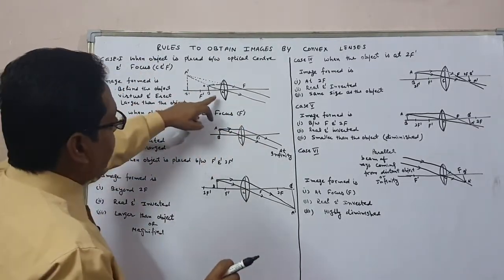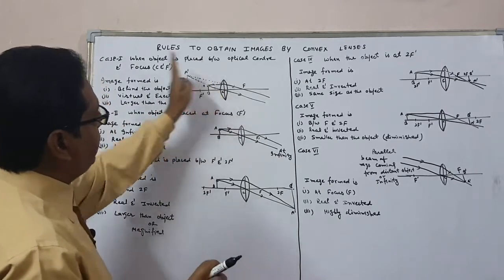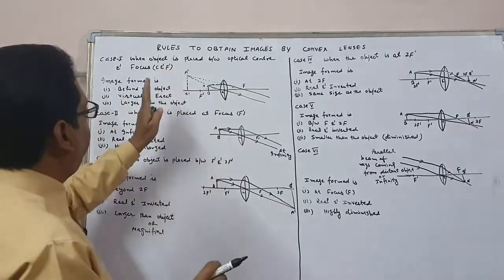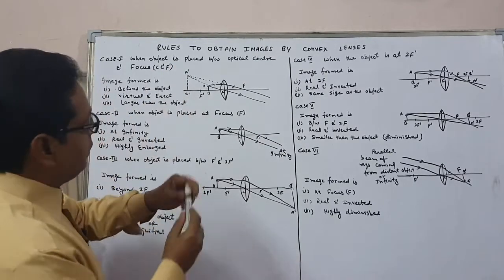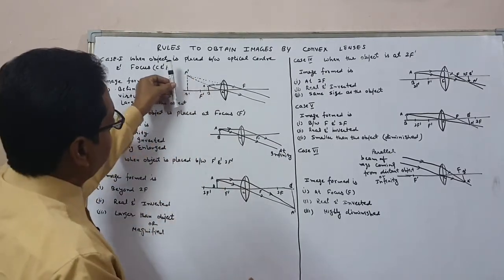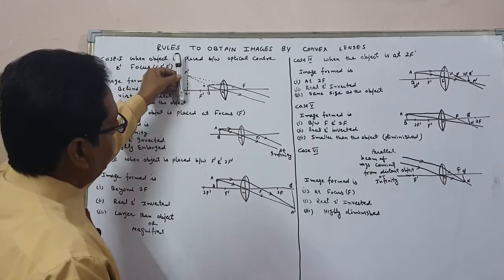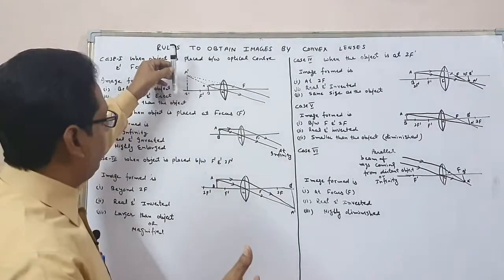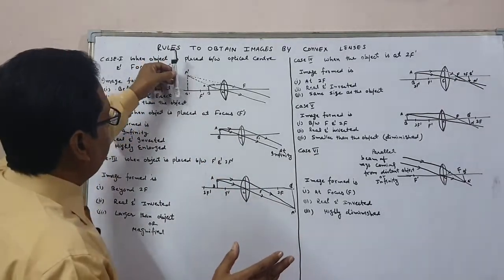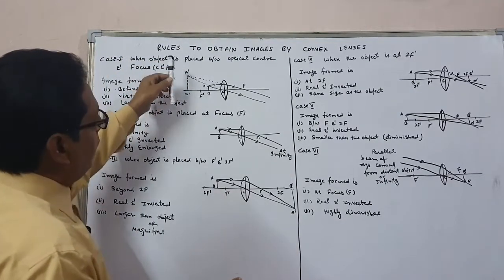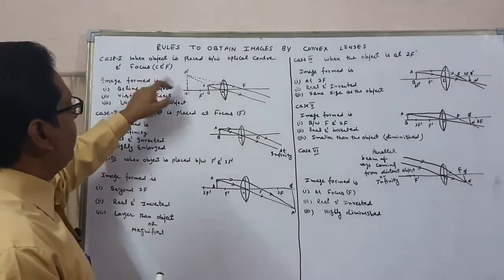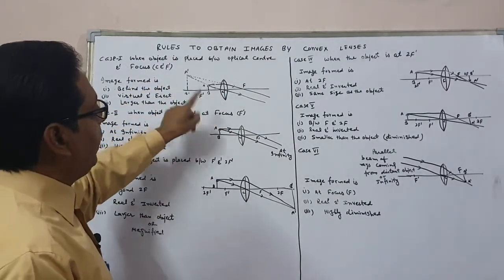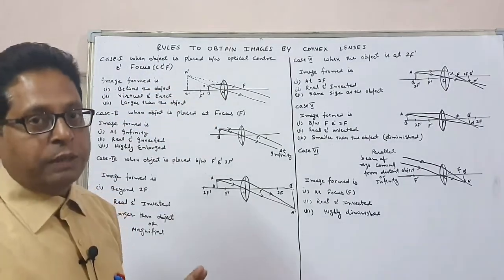So the image is formed behind the object, and no doubt it is a virtual and erect image. This is the object and this is the same image but larger in size, and erect. So three types of image we get when we place the object between the optical center and the principal focus, right?